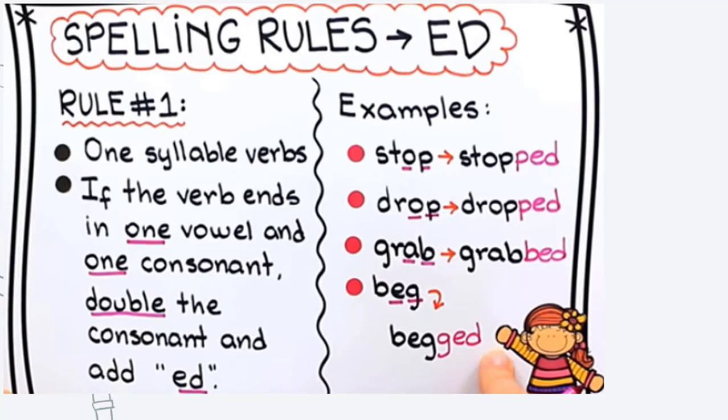Si el verbo finaliza en vocal y consonante, le tenemos que duplicar la última consonante. For example, stopped, stopped. Dropped, dropped. Grab, grabbed. Beg, begged. Le duplicamos la última consonante, pero para que ese caso se dé, tiene que finalizar en consonante, vocal y generalmente otra consonante.